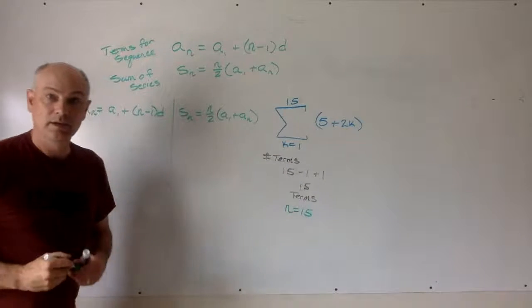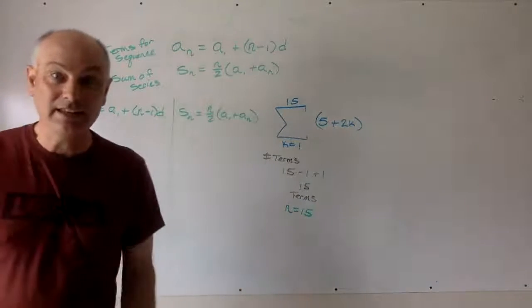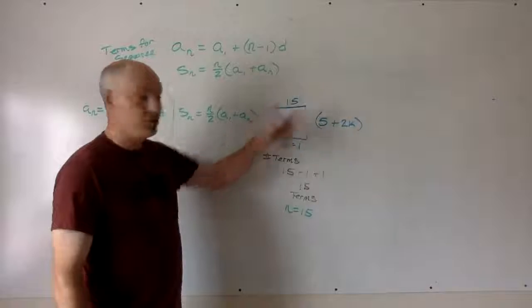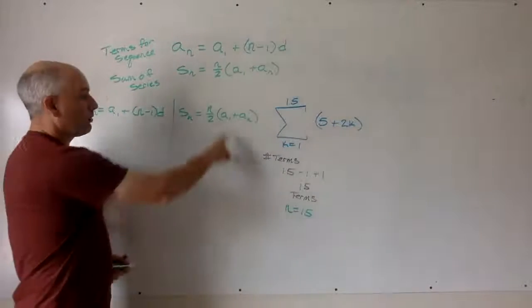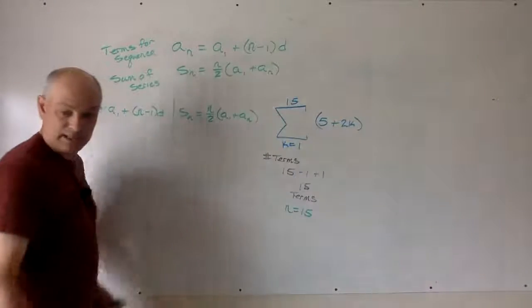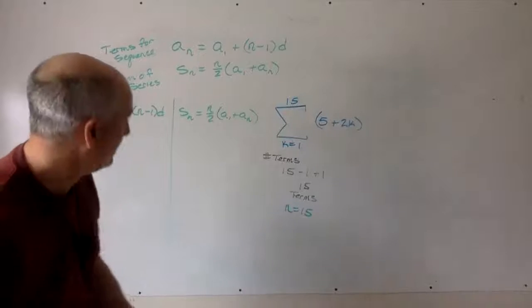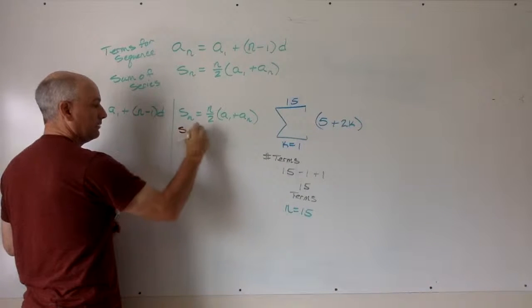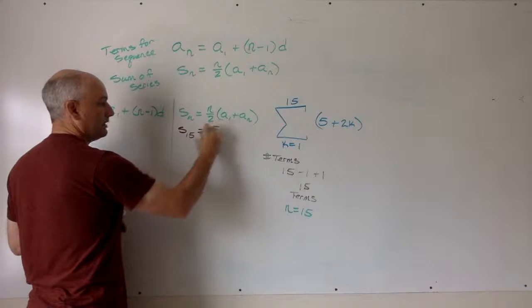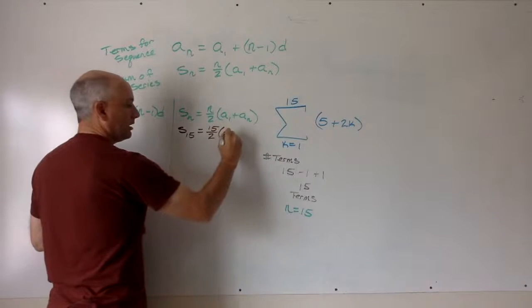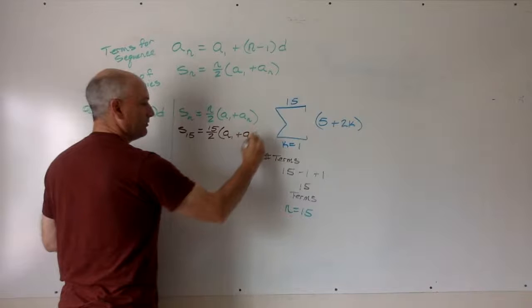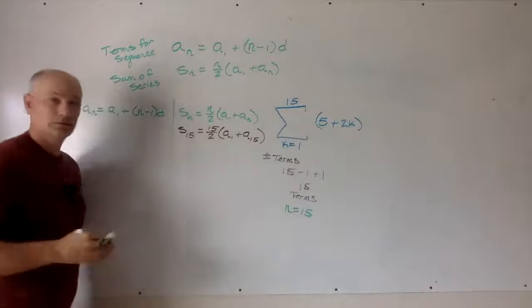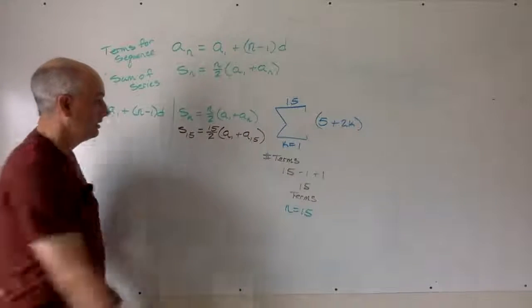Okay? What else can we now find then? These values get plugged in, but what do I need? So if I know n is 15, that's telling me in this formula here, I'm looking for s sub 15. So I can say 15 over 2, a sub 1 plus a sub 15. So what's still missing?